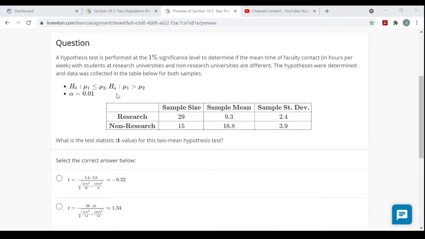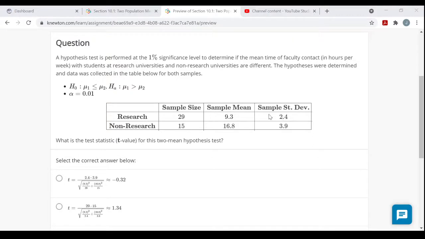And then the alternative hypothesis is that mu1 is greater than mu2, that there's more faculty contact time at research universities than at non-research universities. And then alpha is 0.01.